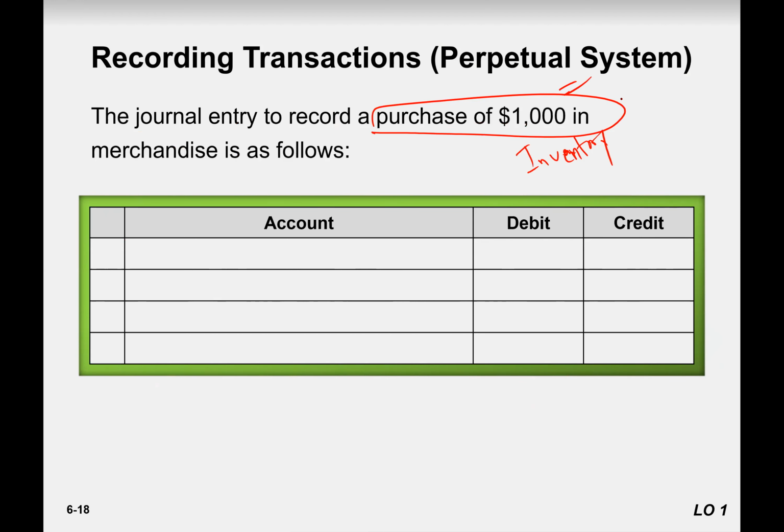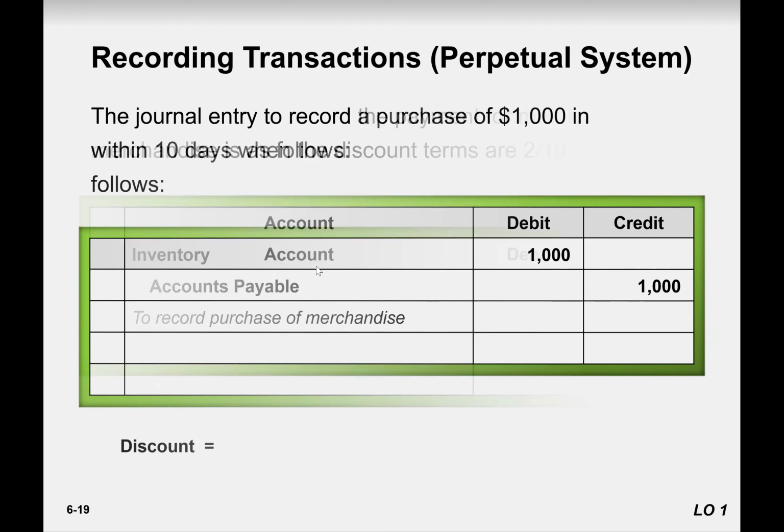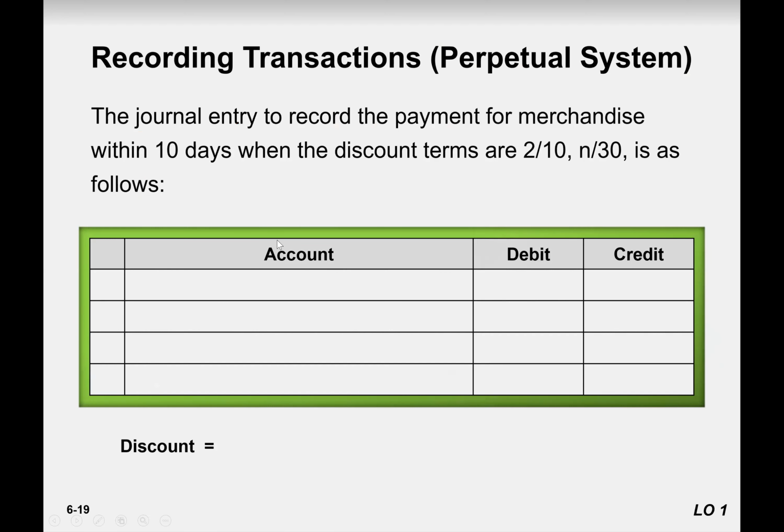This is not a cash purchase, this is a credit purchase, accounts payable. So inventory increases, our liability also increases. So what is the entry here? Inventory to accounts payable, right? Right, Junpyo? Yes. Okay.